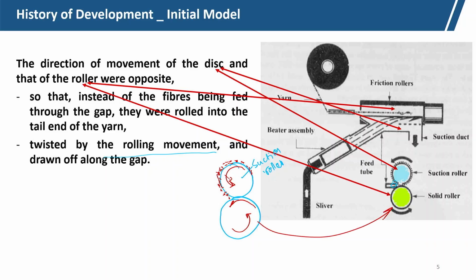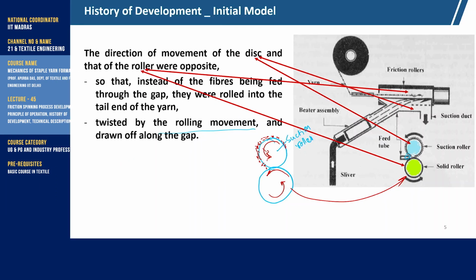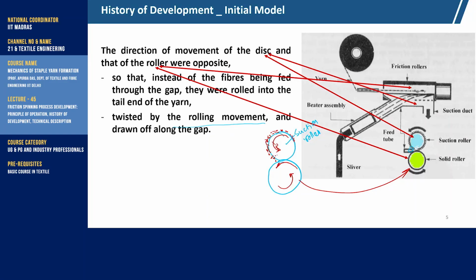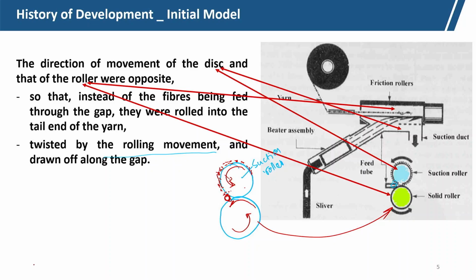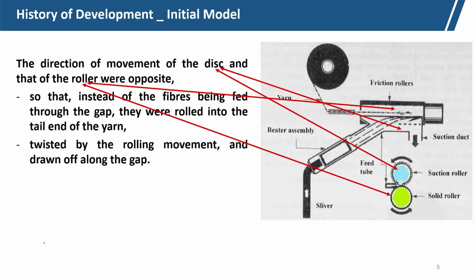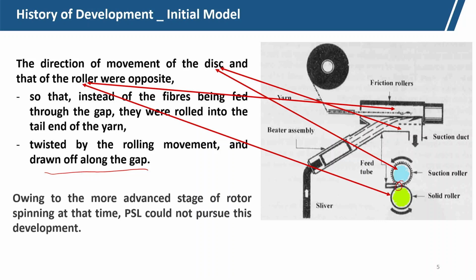Also, due to the suction force, there will be friction against the suction roller and the fiber. So, the fiber will try to roll due to the friction. There will be rolling action, twisted by the rolling movement and drawn off along the gap. So, at this gap there will be rolling movement.